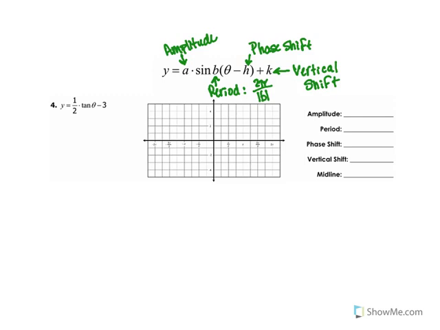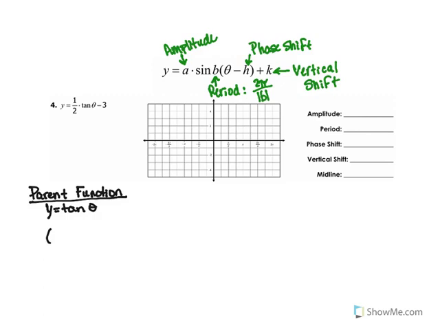When we do this, we want to do the amplitude and period first, and then we want to do the phase shift and vertical shift. So let's just start with our parent function for tangent. So our parent function is just going to be y equals tangent of theta, right? And let's put some points on here.